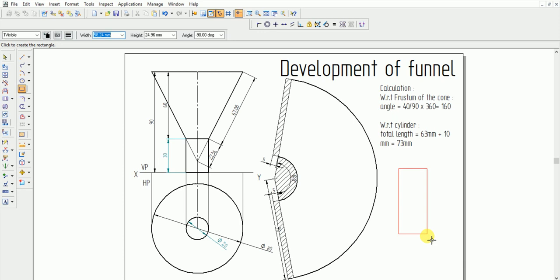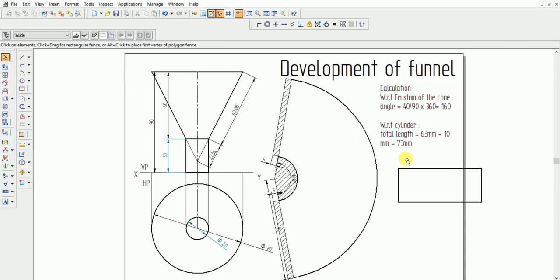Fine. Now let us draw the rectangle. Let the width be 30 mm, and the height be 73 mm. So this is how the cylinder looks. Fine. Let me keep the cylinder here.